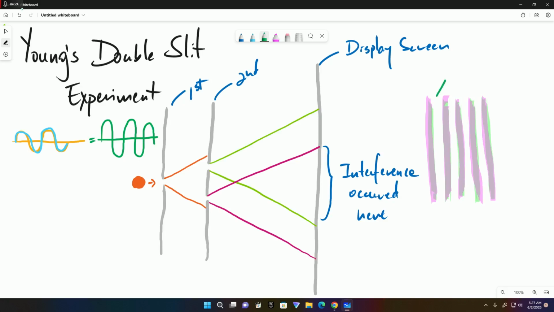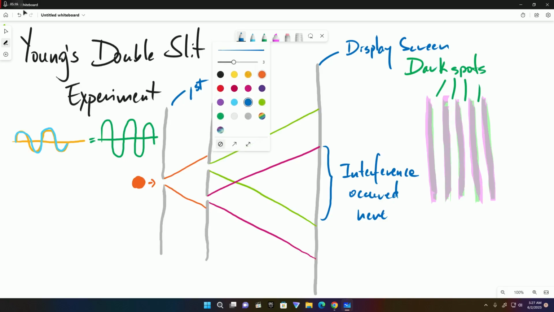So these are your dark spots. Dark spots. And this is from destructive interference. Because you can have, like my fancy yellow and blue graph shows, two waves meeting and you get a bigger wave, right?